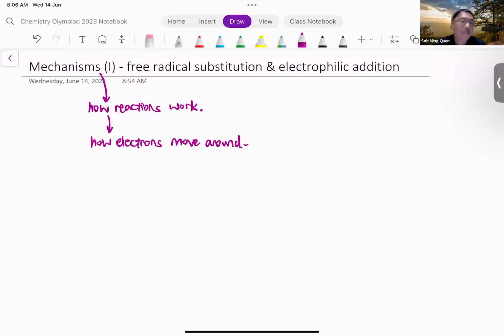The idea behind every single type of reaction is we form bonds, we break bonds, and this involves the movement of electrons. All right, so how do electrons move around and how bonds are broken and formed?